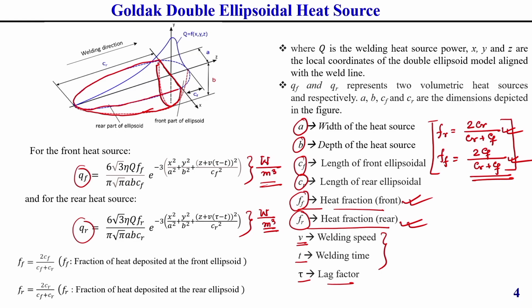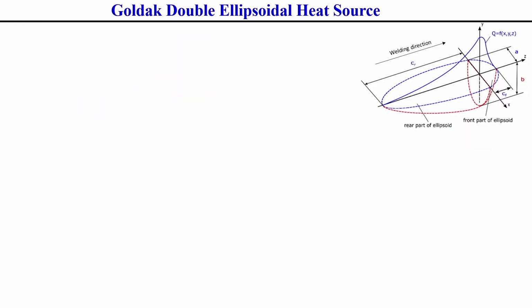Now I am going to discuss how this equation generally came. Step by step I will discuss now in details. For derivation of this double ellipsoidal heat source model, let us consider Gaussian distribution.